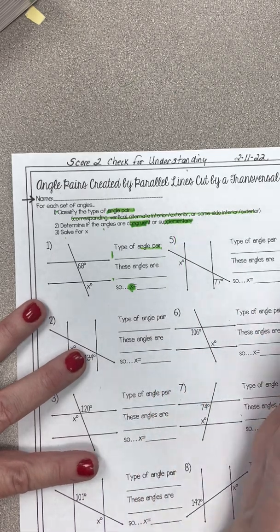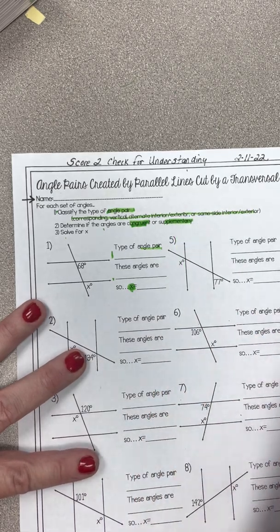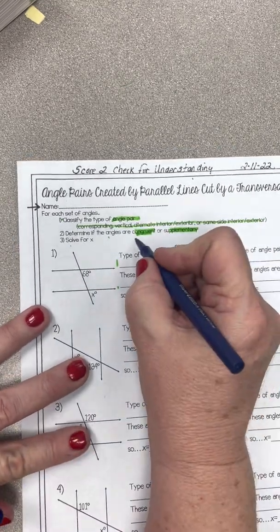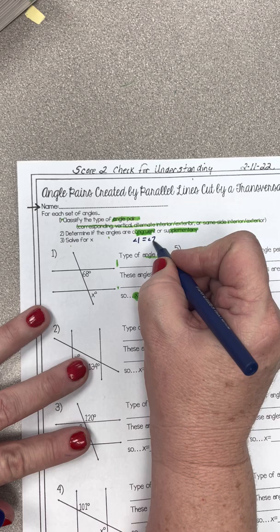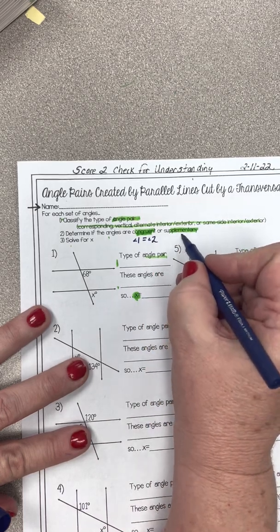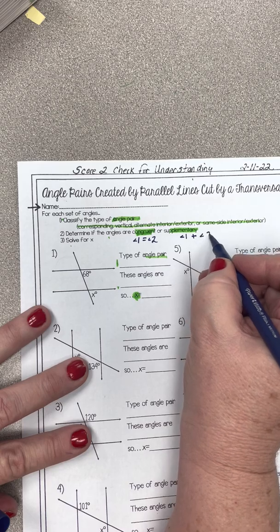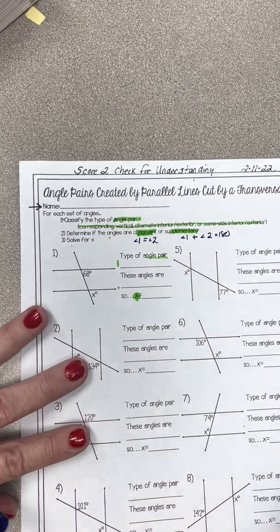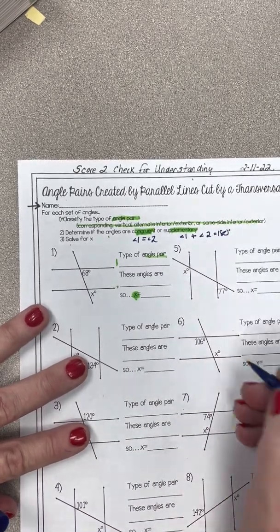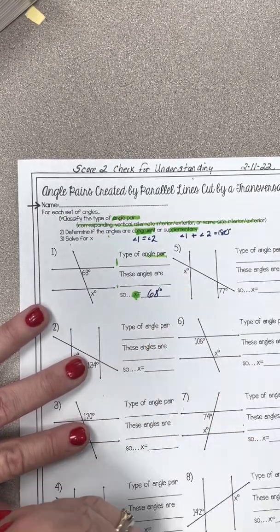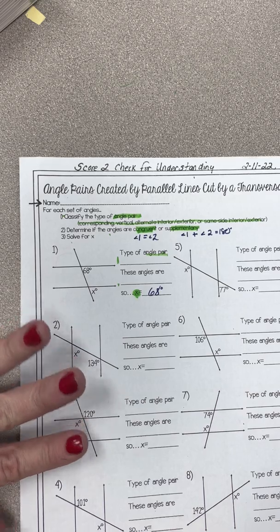Because that's what tells us what equation to use. If they're congruent, we would do angle 1 equals angle 2. If they're supplementary, we have to go angle 1 plus angle 2 equals 180 degrees. That's another thing that a lot of people left off. So when you put an answer, put your degree sign. I forget that sometimes too.